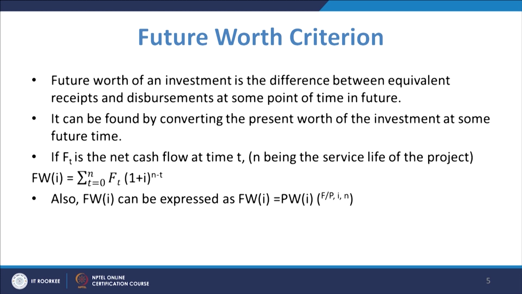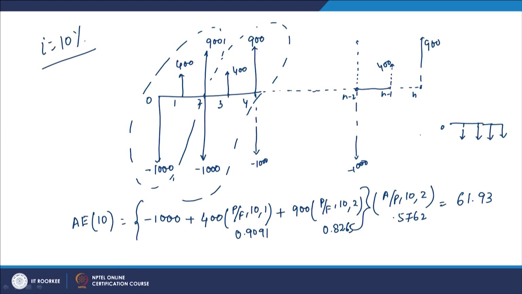That is why the power becomes n minus t, and this is how you get the future worth. You can even see that your future worth will be the sum when you have many transactions at all the different times.